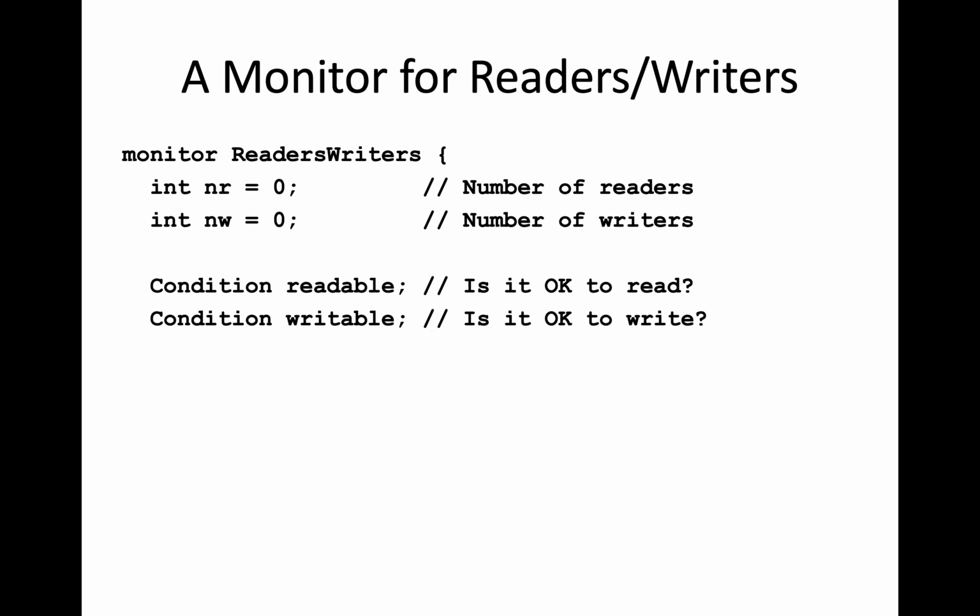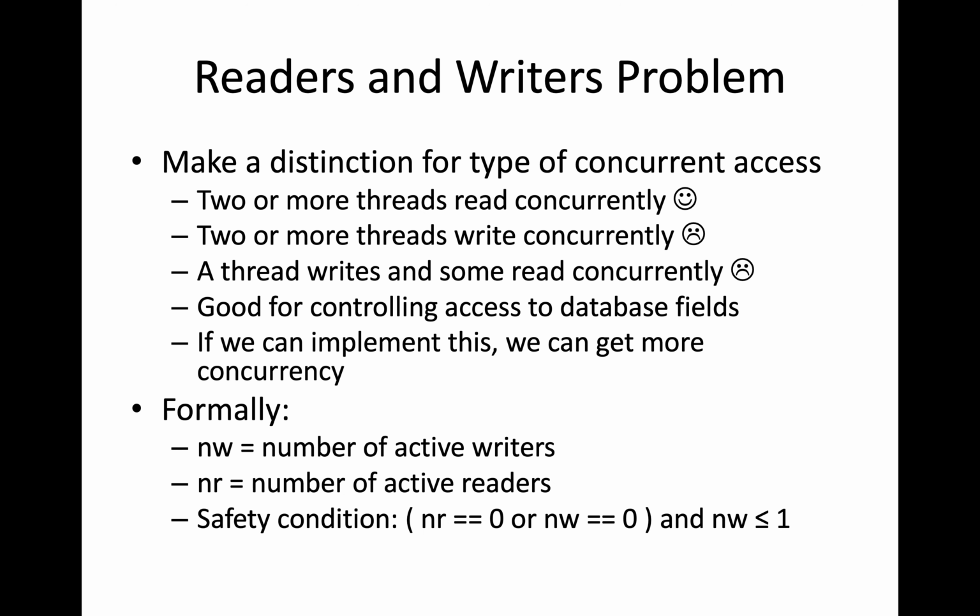Backing up, I realize I forgot to mention one detail on this. Thinking about the readers-writers problem in general, we could compare it to something like the critical section problem. Normally, if multiple threads want to access the same data, we can just wrap mutual exclusion code around that and then let only one thread at a time access the data. Comparing that to readers and writers, the readers-writers problem is a more fine-grained solution.